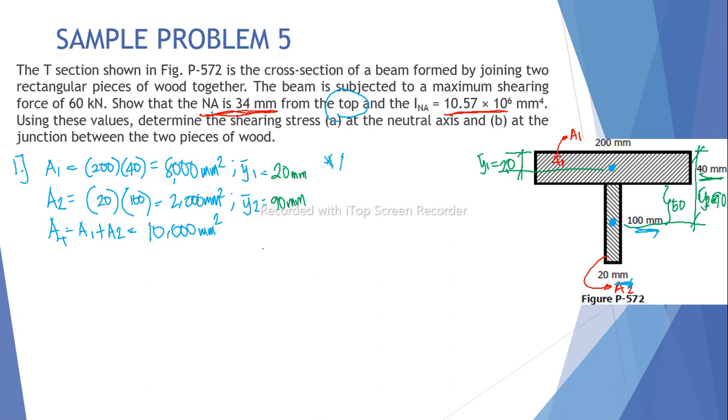Now, by the moment area, we have the total area times its centroid, or y bar, is equal to the summation of the areas times its y bar sub n. So the total area is 10,000 times y bar, which is what we are looking for, equal to area 1, which is 8,000 square millimeters times its y bar 1 of 20, plus area 2, which is 2,000 square millimeters times its y bar 2 of 90 millimeters from the top.